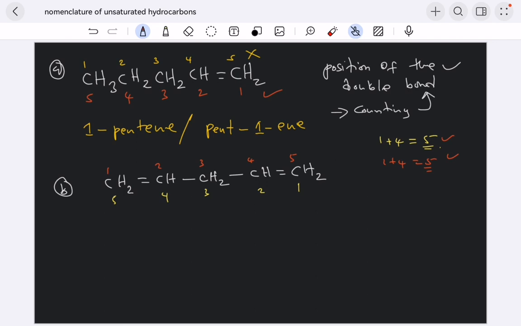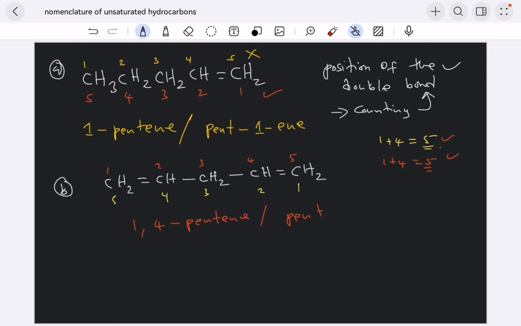So here they are saying at position number 1 and at position number 4 we have a double bond. Then what is the longest chain? The longest chain is still pentene, 5 carbons.